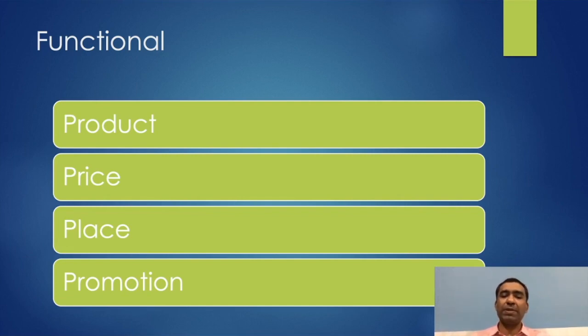These are all functional level decision making. You have to do this decision making very clearly and identify each aspect. I will not go into the details of the 4 P's, because I am sure everybody is well aware of them. That's why they are functional level decision making.